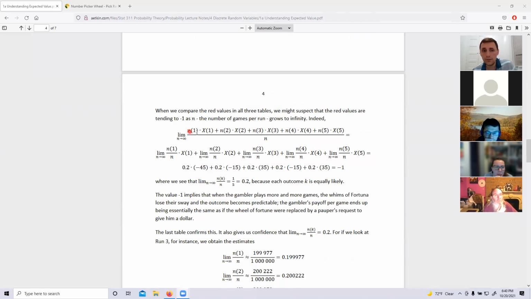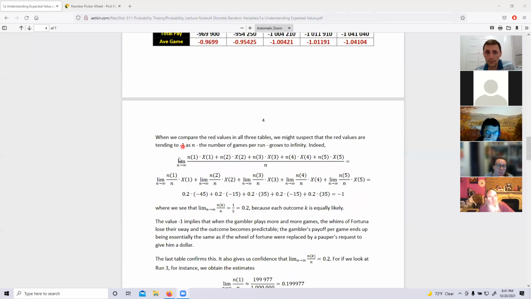Now, if I look at this limit, guys, I can write the limit as n1 over n times x1. That's just the payoff; it doesn't change. x1 is not changing, right? And n2 over n times x2 and onwards. Now, each of those, you recognize this is a limit, right? What is that? This is the probability limit. You agree?